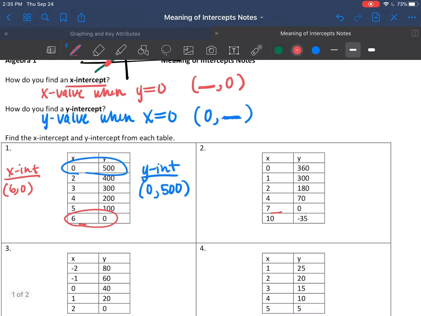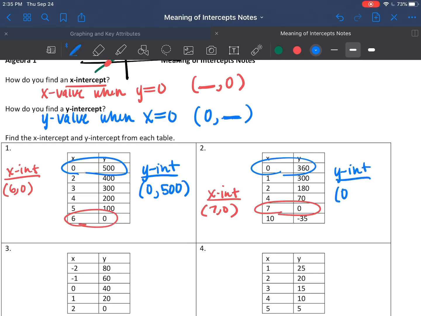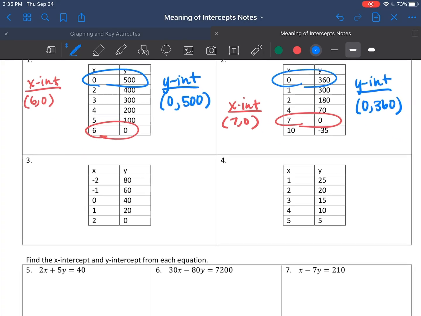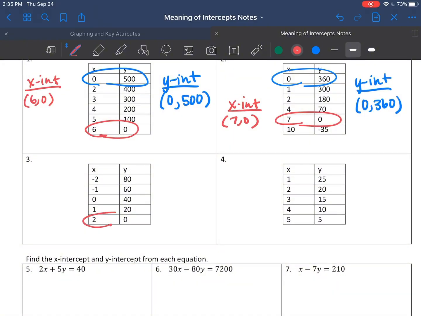So y-intercept. Over here, my x-intercept is 7, 0. My y-intercept is 0, 3, 60.